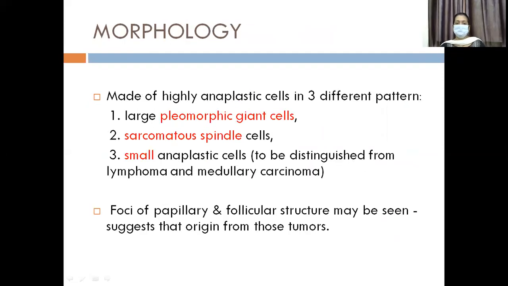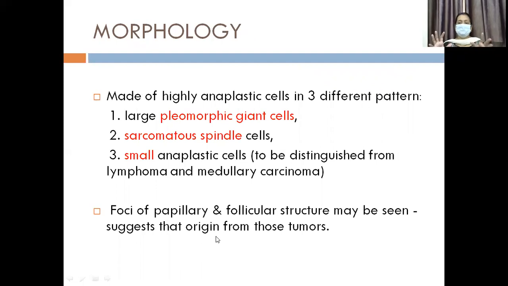P53-like genes. So what you see are large pleomorphic giant cells, sarcomatous spindle cells, small anaplastic cells. When you see only this component of small anaplastic cells, it has to be differentiated from lymphoma and medullary carcinoma. Foci of papillary or follicular structures may be seen, suggesting that they arise from these tumors.